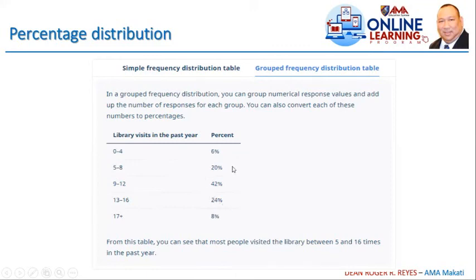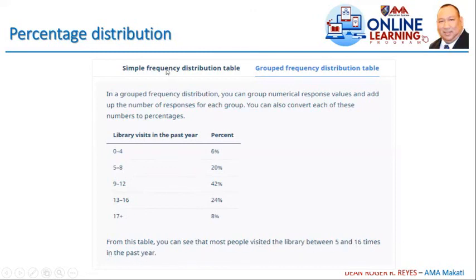So, majority really, although the majority at 42% visited the library 9 to 12 times a year, it is also significant that 20% visited 5 to 8, and 24% 13 to 16. So all in all, we can say that most people, say 86%, visited the library between 5 and 16 times in the past year.